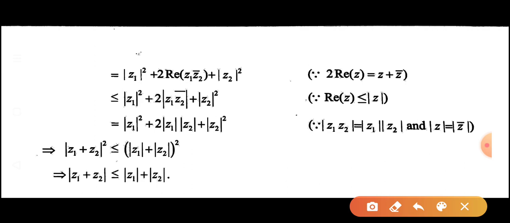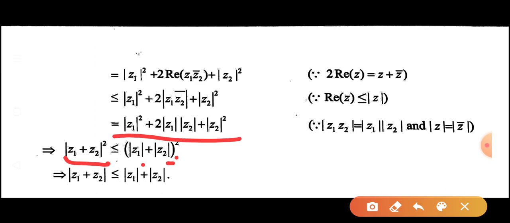This is the algebraic formula: a square plus 2ab plus b square equals a plus b whole square.